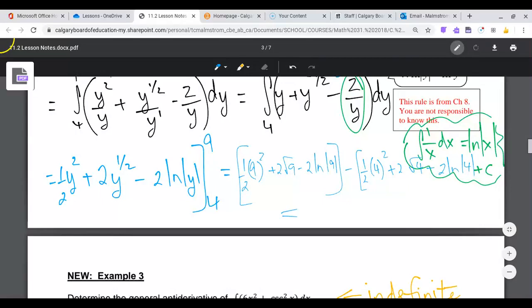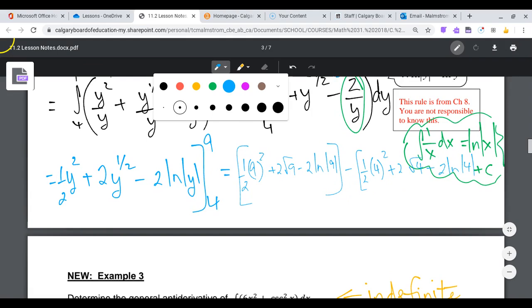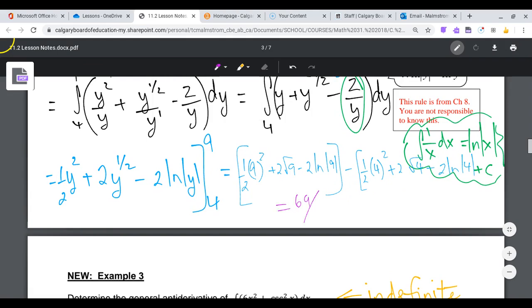And when we tidy that all up, we get the answer of 69 on 2 minus 2 ln 9. Now that's a positive value, so I guess I don't really need to write the absolute on it. Plus 2 times ln 4, same reason I wouldn't have to do the absolutes.